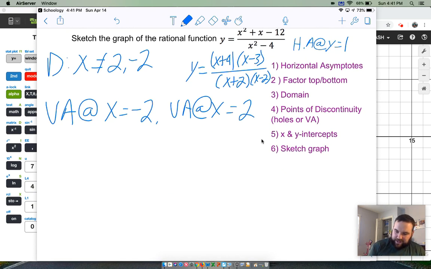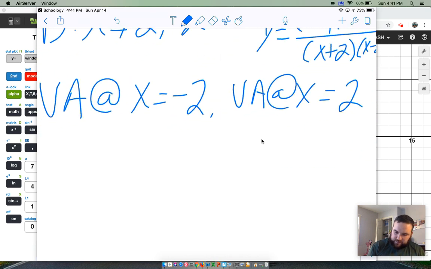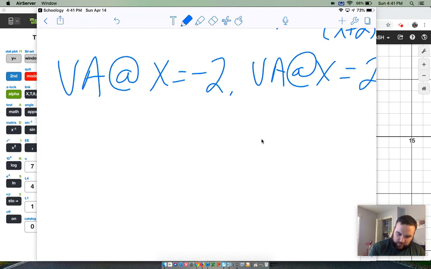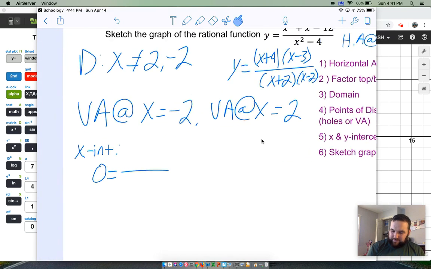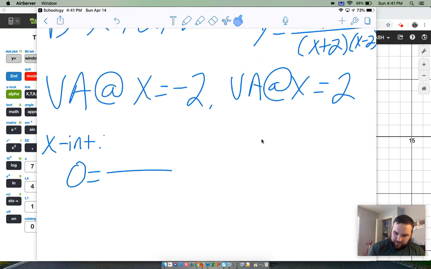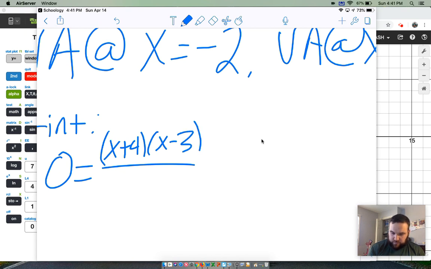And then I want the x and y intercepts. So to find the x and y intercept, I'm going to plug in 0. For the x-intercept, that's going to plug in 0 for y. And again, by this point, I don't even need to write the entire fraction. Really, all I'm concerned with is the numerator when it comes to the x-intercepts: x plus 4 and x minus 3.